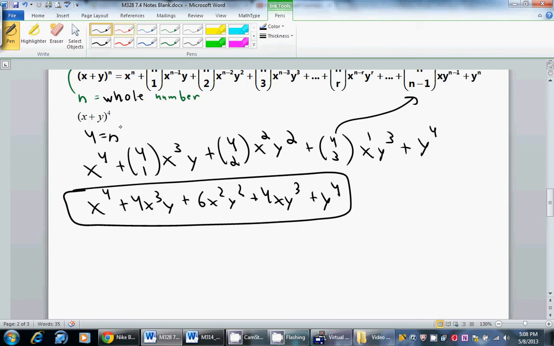Now, I want to point out a couple of things here. First of all, the coefficients still line up with Pascal's triangle, this is the 4th row. We're not really going to deal with Pascal's triangle anymore, just a neat little thing.